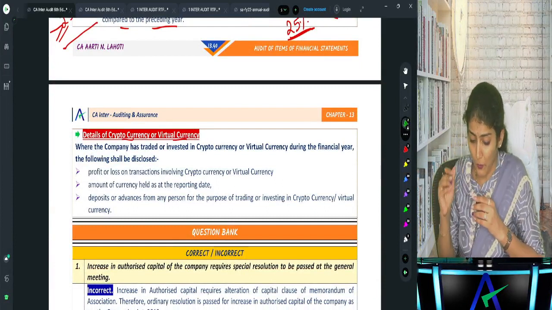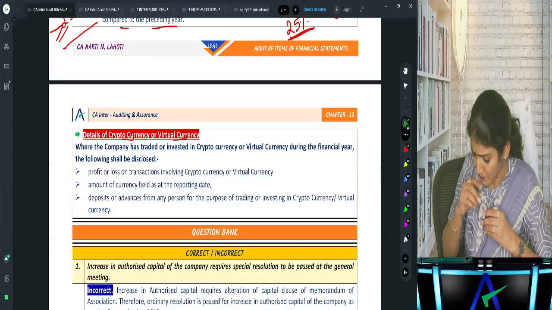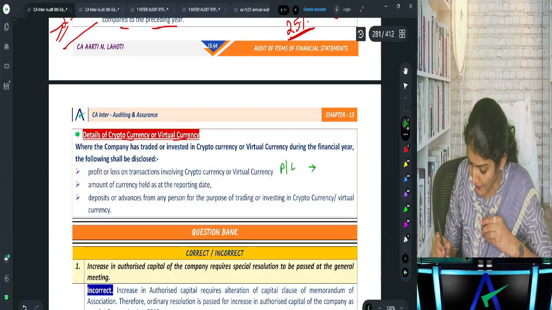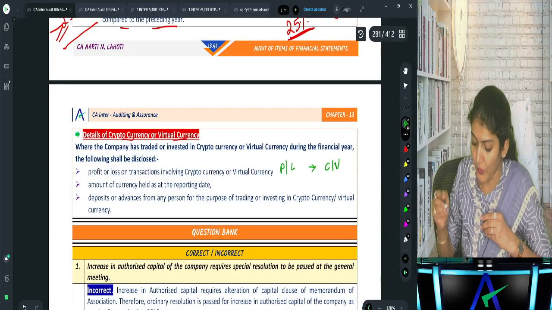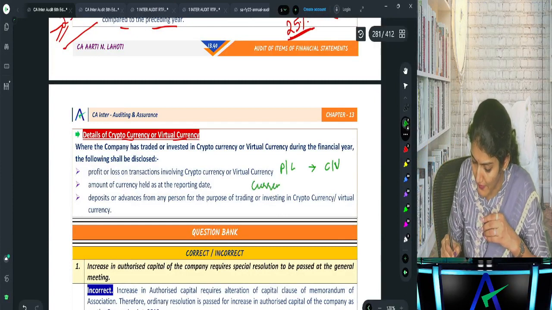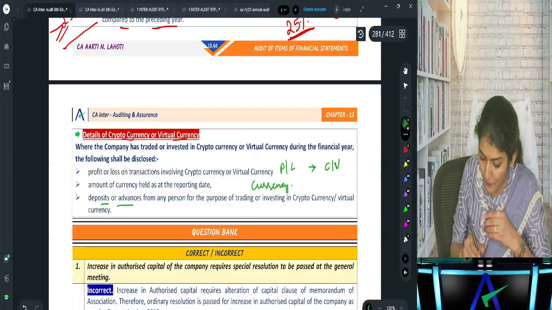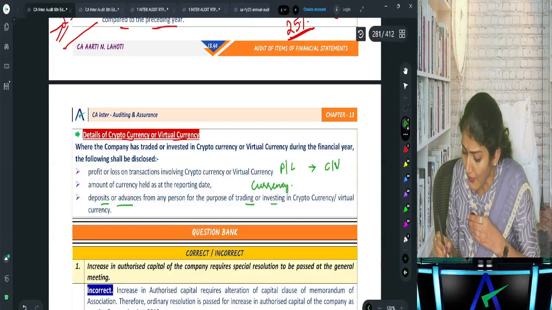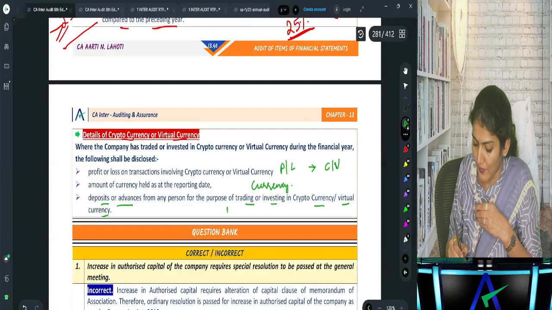So what does it say? One, the profit or loss on transactions involving crypto or virtual currency. Then the amount of the currency which you're holding as on the reporting date, and the deposits or advances from any person for the purpose of trading or investing in the cryptocurrency or virtual currency.